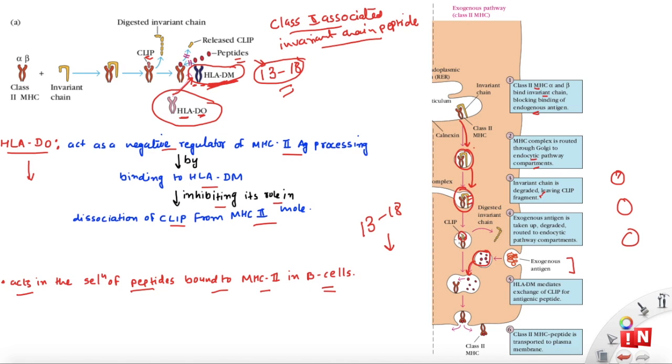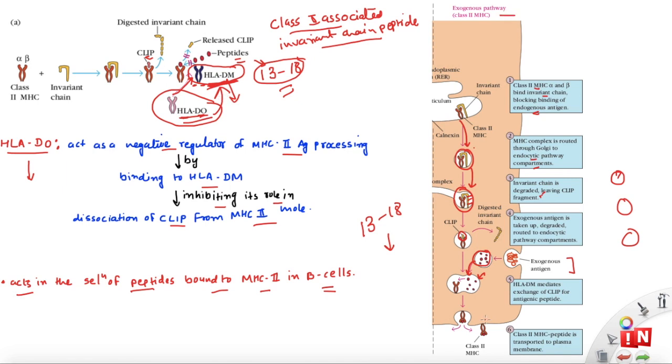This CLIP is present because only when an appropriate, mature exogenous antigen peptide is present can it replace the CLIP. And for this exchange to happen, there has to be the presence of HLA-DM that facilitates this replacement. There is also one more molecule called HLA-DO that negatively regulates the HLA-DM mechanism.